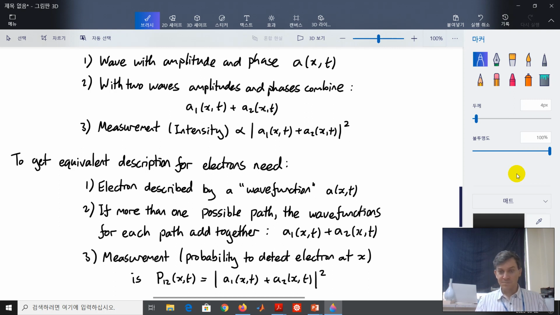Okay. Right, so if we combine all of these 3 points together, we can get in exactly the same picture for electrons as we do for classical waves.